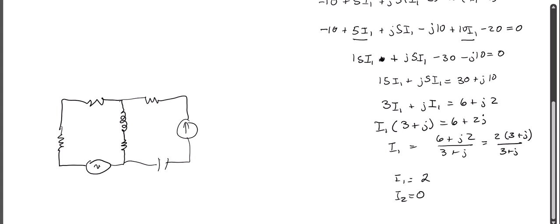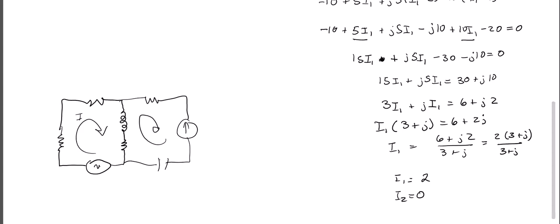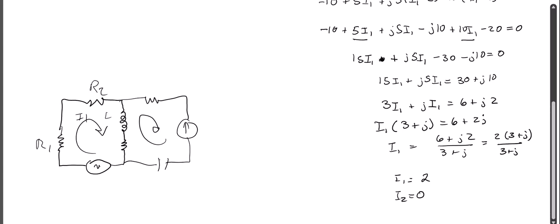So if I had one that looked like this, that's R1, R2, L1, R3, R4, C1.